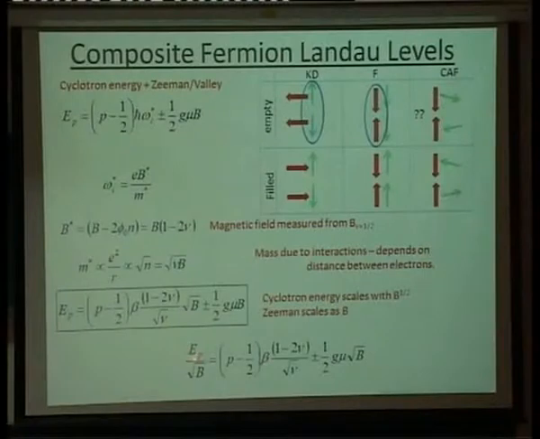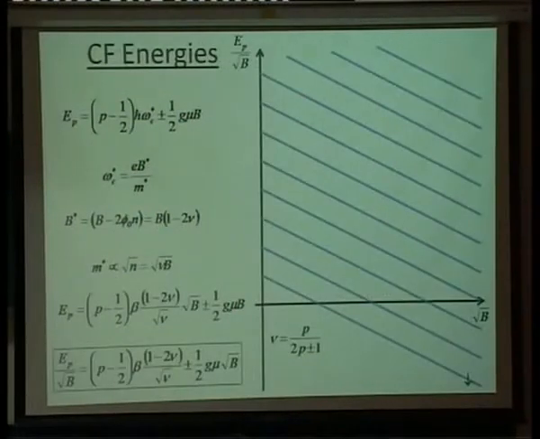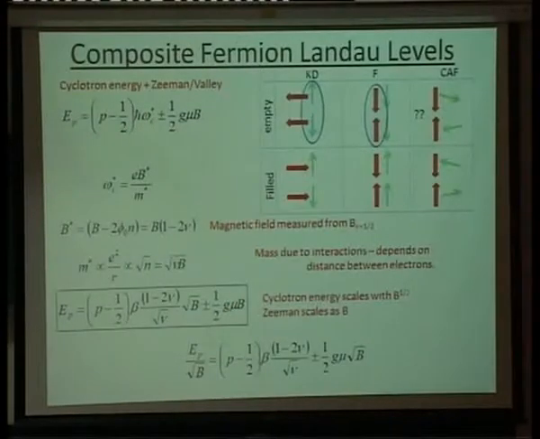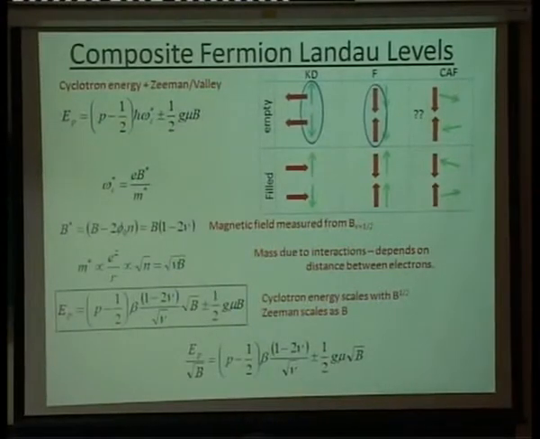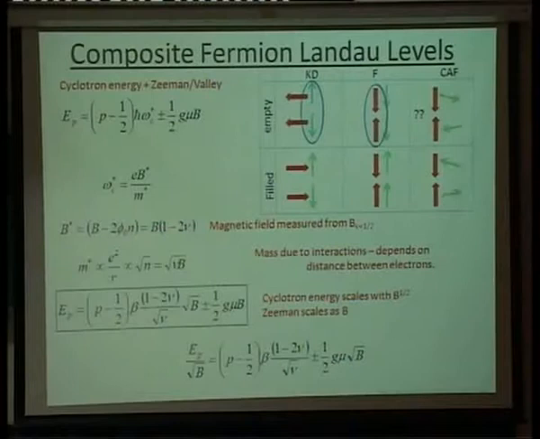And if we just plot this thing as a function of E over square root B, we get a constant plus something that's linear in square root B. The valley term will also be linear in B. Are you just assuming? No, it's expected. I mean, the reason is that the valley term... Okay, don't explain, but there is a reason to expect. Yes, and it's expected to be linear in B.